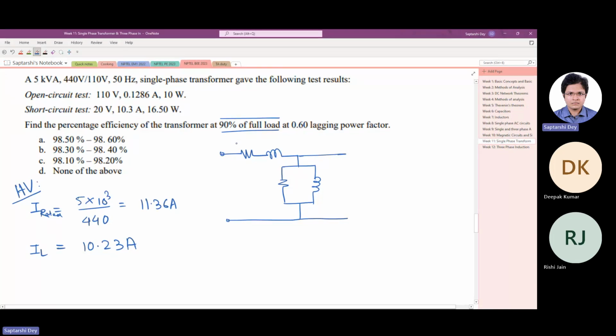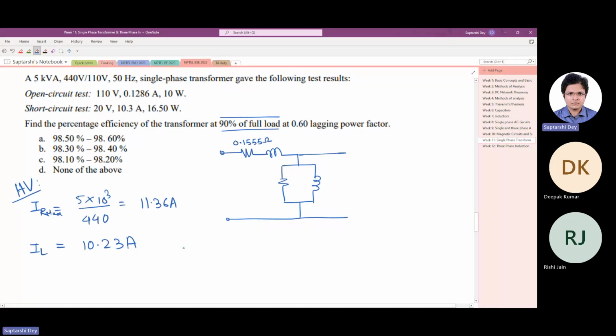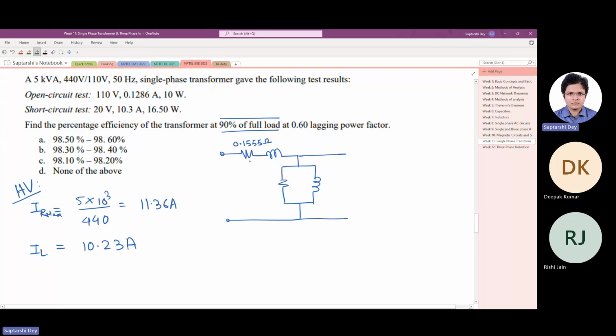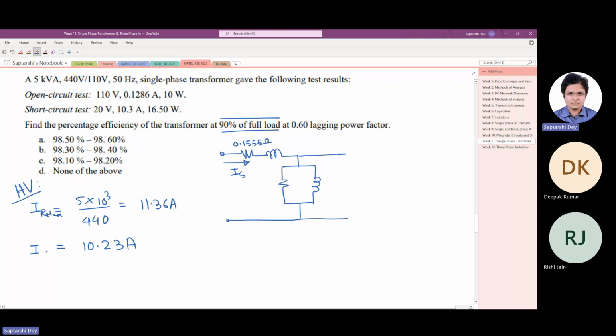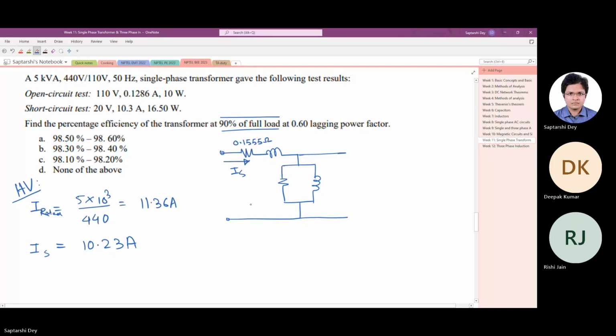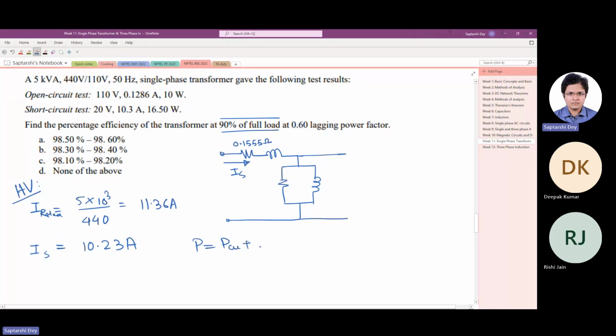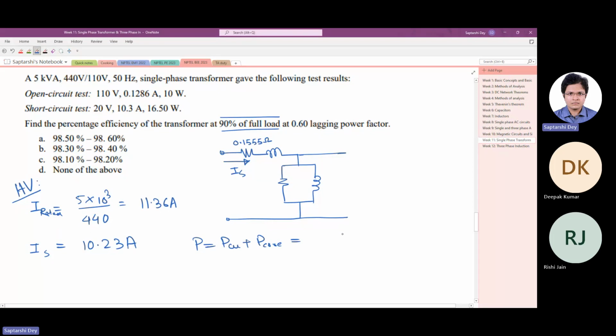Okay. Now this resistance we know. So this is the current flowing. I should not say I load, let us call this I source, because load will be there. So 90% of the rated current is flowing. Now we can find out the total loss. Total loss is copper loss plus core loss. Core loss never changes, always the same as long as the voltage is kept constant and the frequency also.